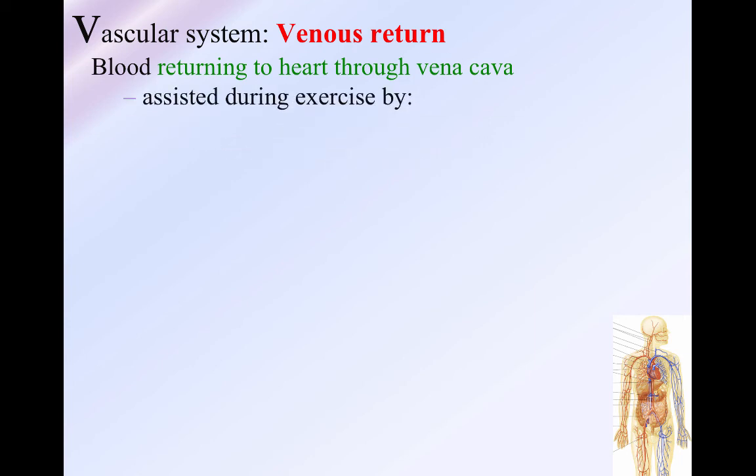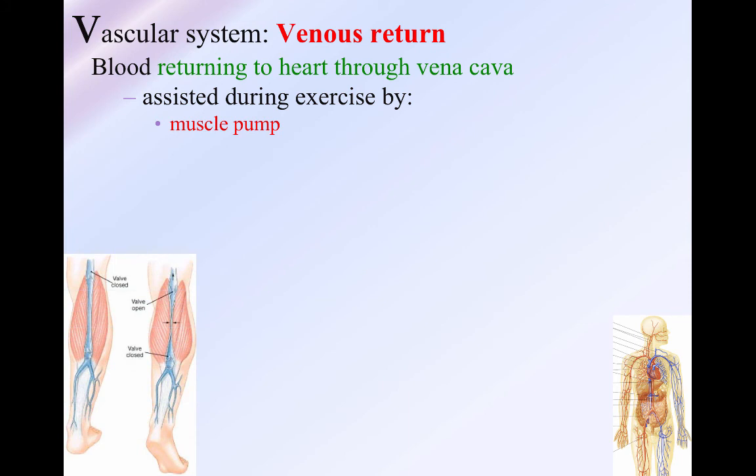And when you exercise, one of the things that happens is your muscles are contracting fairly forcefully and they're squeezing those veins. And as we squeeze the veins, it pushes the blood that's in there out of them. And again, since we have valves down here, the only direction that the blood can go is back towards the heart. This is what's referred to as the muscle pump. And it's fairly straightforward and fairly easy to understand.